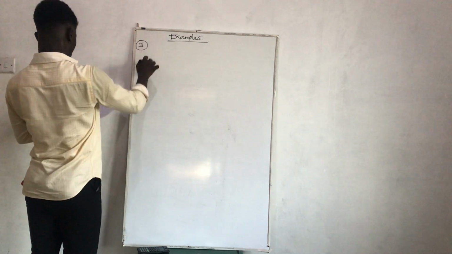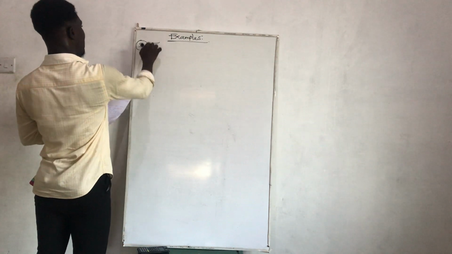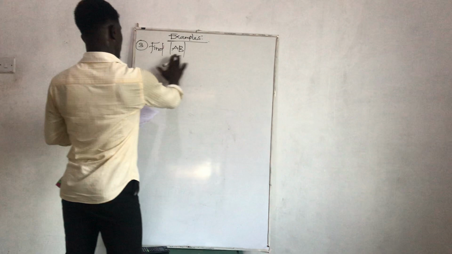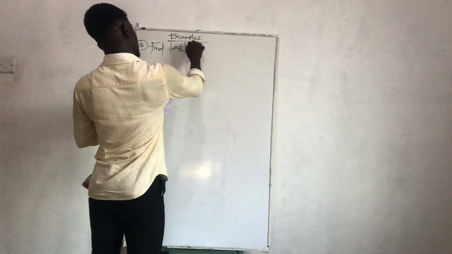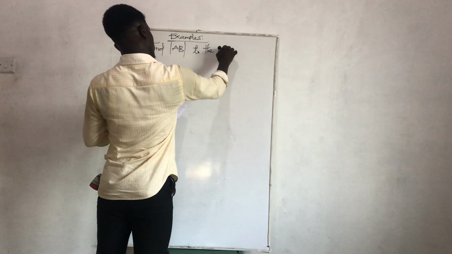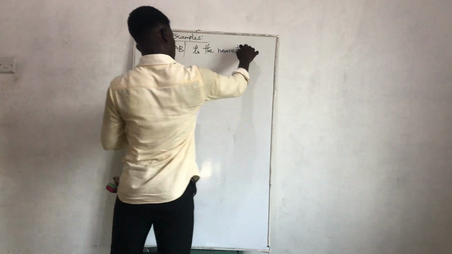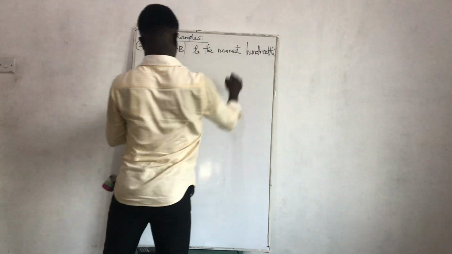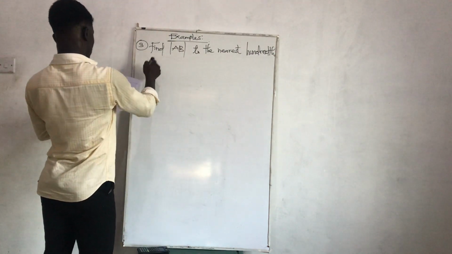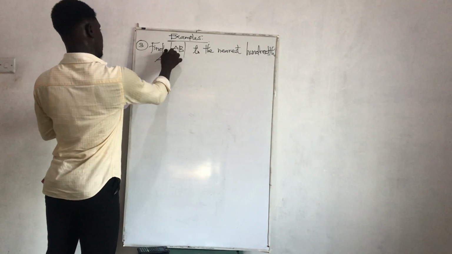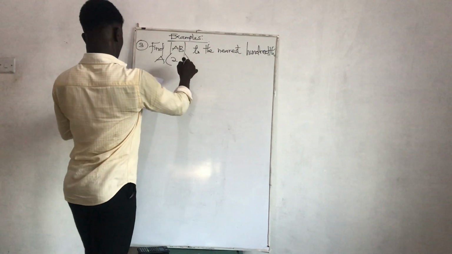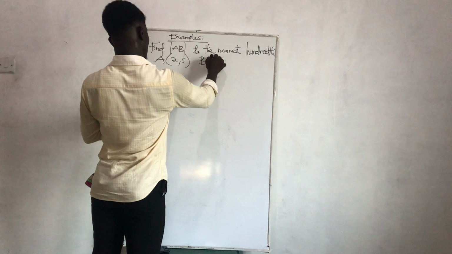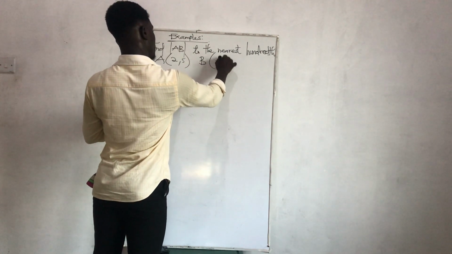Our third example, they said, find the length of AB to the nearest hundredth. So point A, which is (2, 5), then point B, we have (-3, 3).